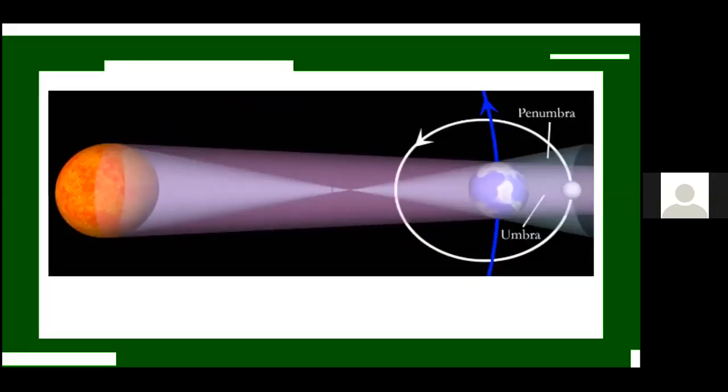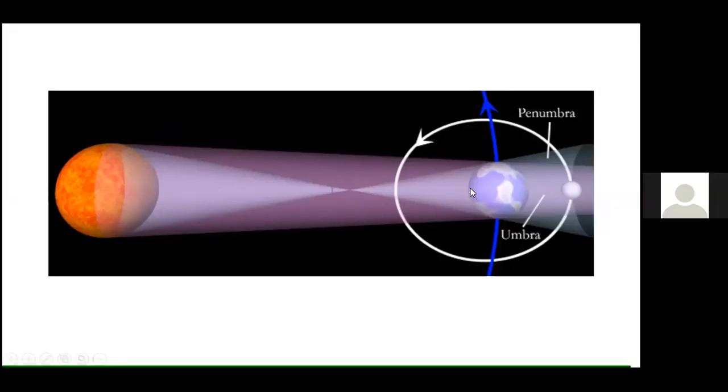Let's go to the next one, which is what causes an eclipse. An eclipse can be a lunar eclipse or a solar eclipse. That's basically when you're on the Earth and you're looking up into the sky. A solar eclipse is when something is between you and the sun, right?